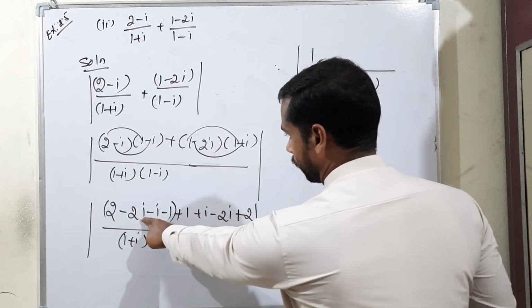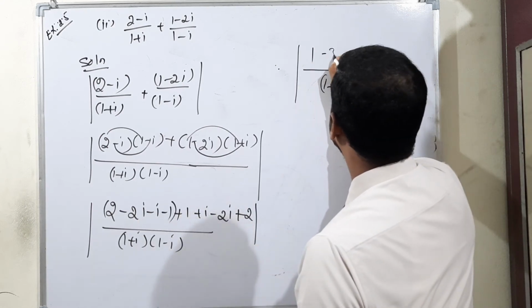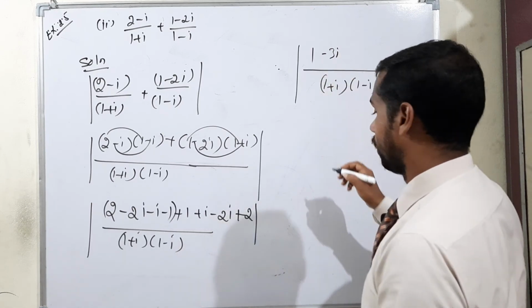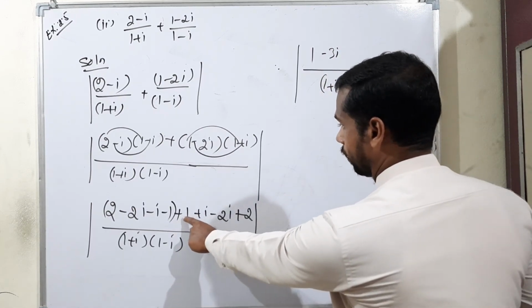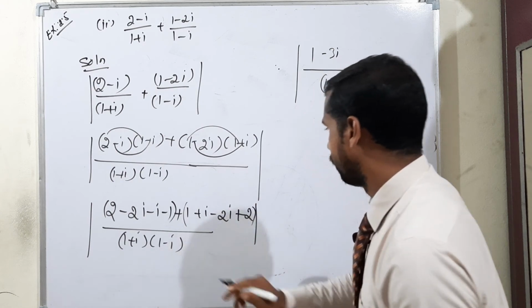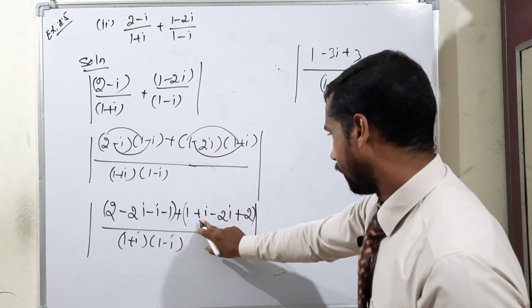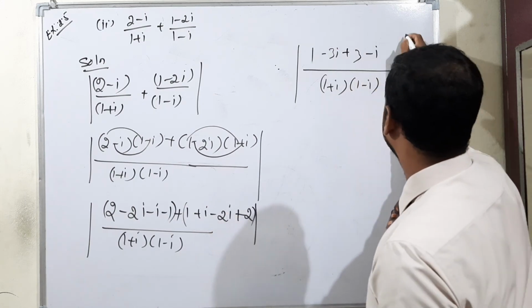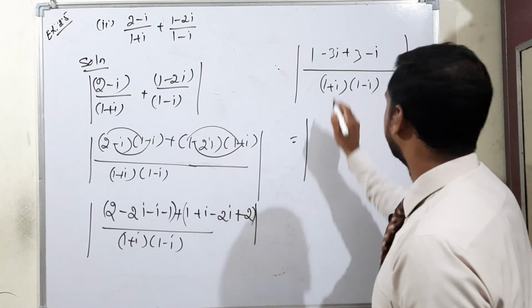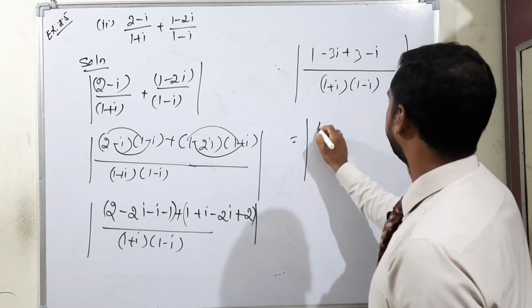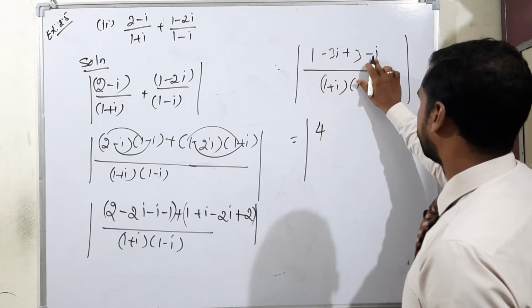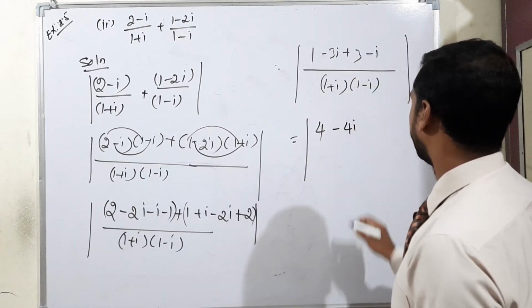Next term, minus 2i means minus 3i will come. Then the next one, listen very carefully. This is the second term, isn't it? Second term, 1 plus 2 is equal to 3. Plus i minus 2i, so minus i will come. Again it is equal to 1 plus 3, positive 4, minus 3i, minus i, means minus 4i.